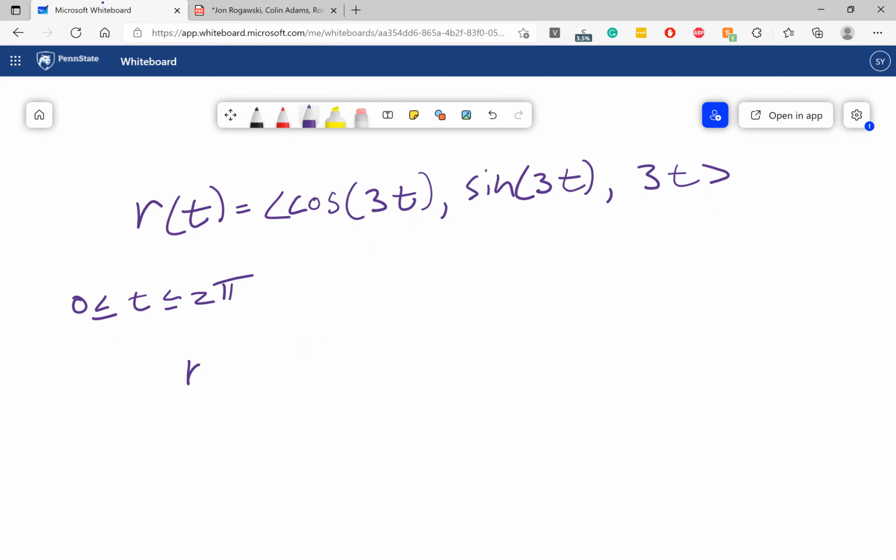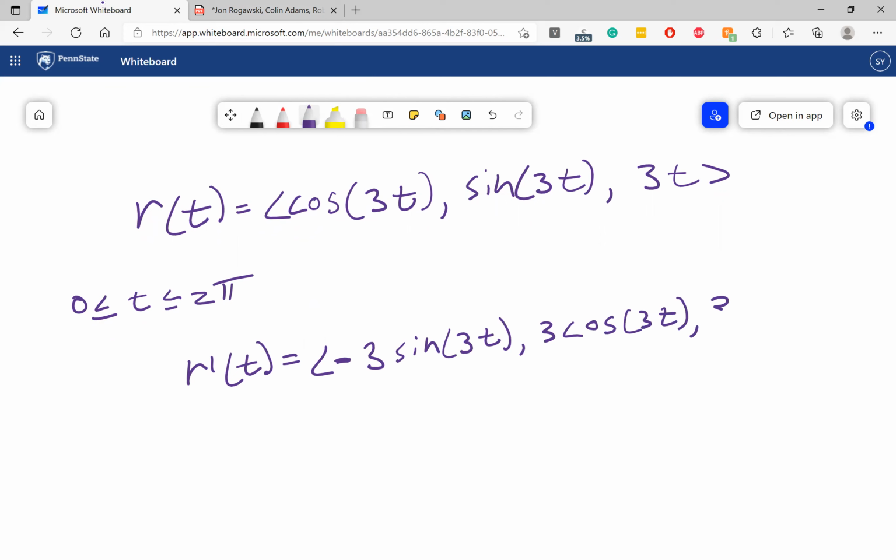So that is r prime of t is equal to negative 3 sine 3t, 3 cosine of 3t, and 3.